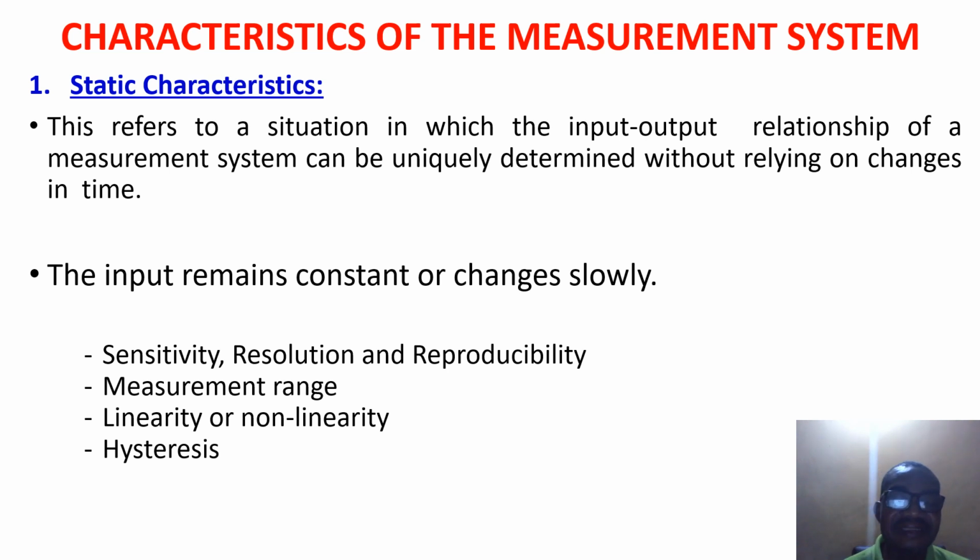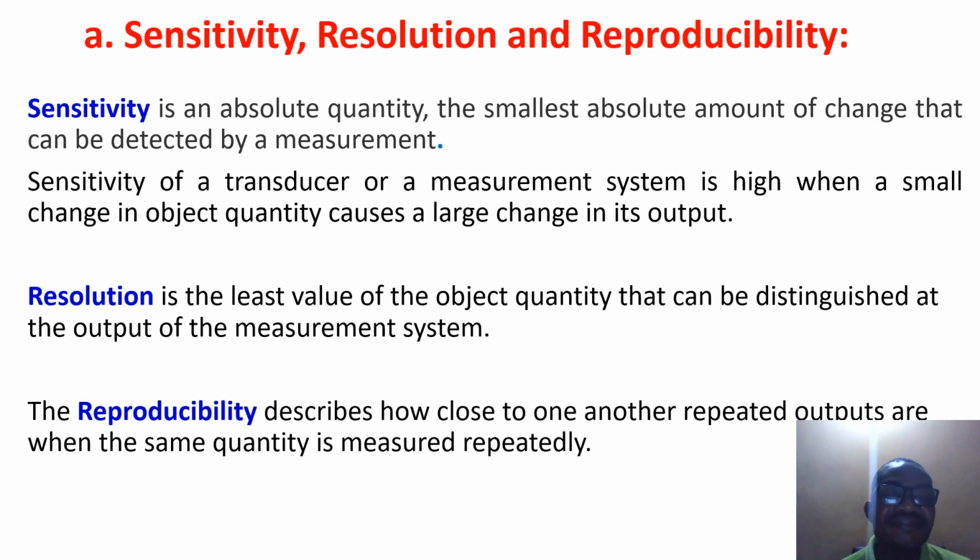Some of the static characteristics listed include sensitivity, resolution, reproducibility, measurement rate, linearity, and hysteresis. Let's look at some of them. Sensitivity is an absolute quantity, that is, the smallest absolute amount of change that can be detected by a measurement.